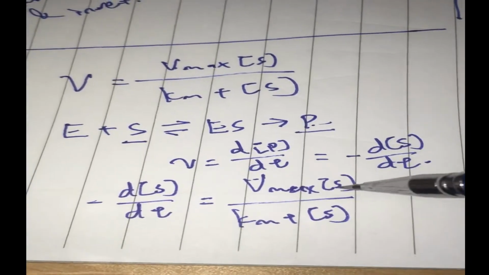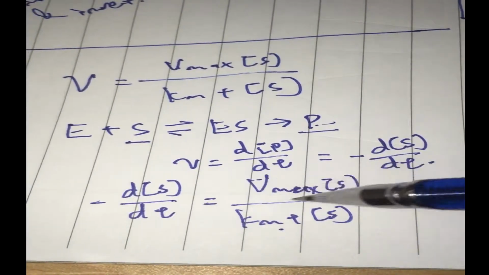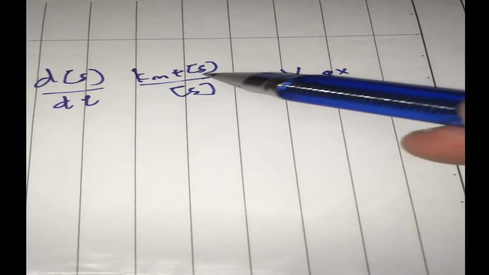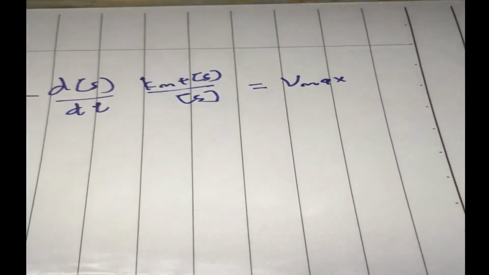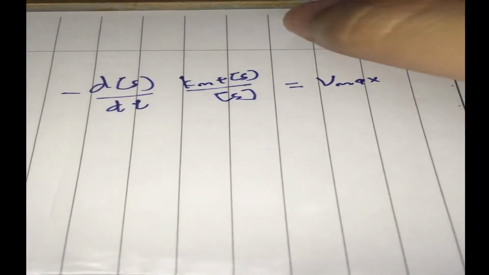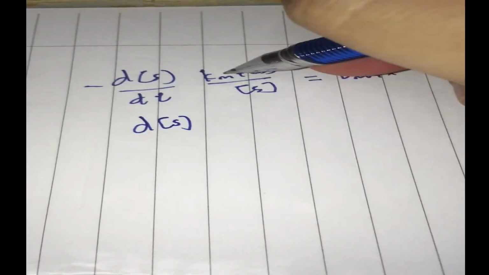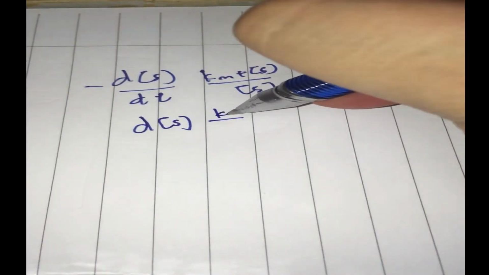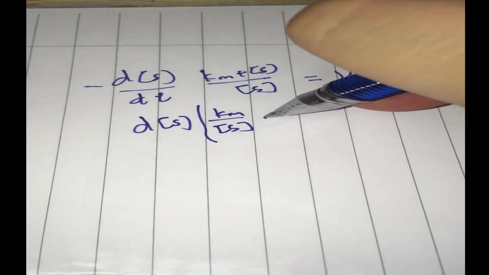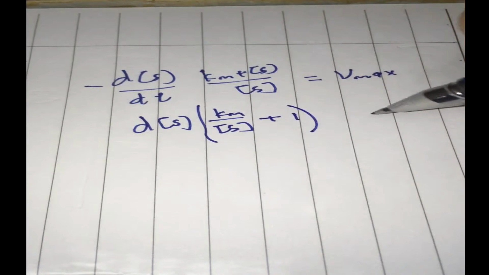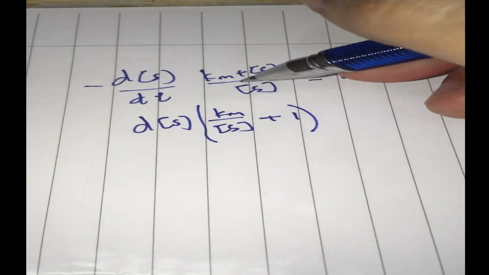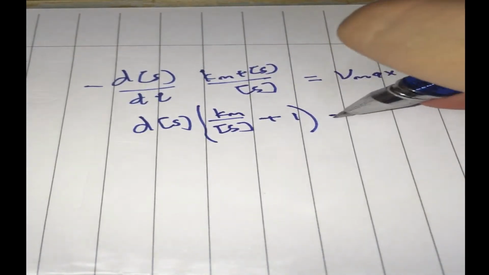So multiply by Km plus S, divide by S, and this is what you get. And now we'll bring dt to the right hand side. So you have dS, and this is Km over S plus 1. I'm just simplifying this part in the brackets. I'm bringing minus dt over.